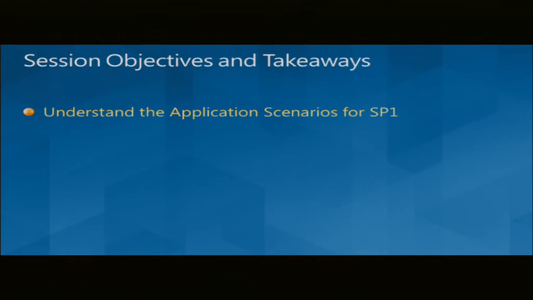Here's our session objective. There's only really one: for you to understand application scenarios for Windows HPC SP1, basically allowing you to burst your computation onto the cloud without writing very much programming.